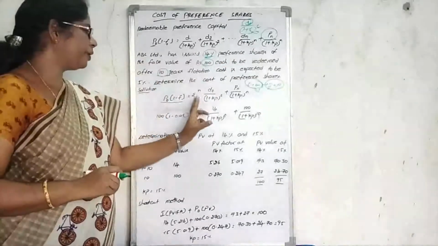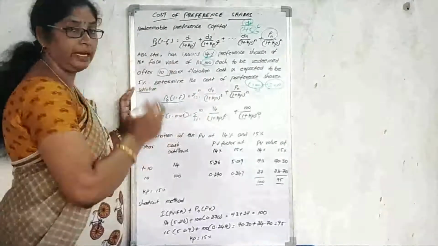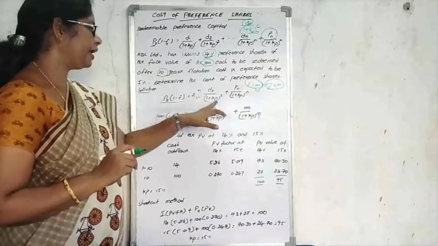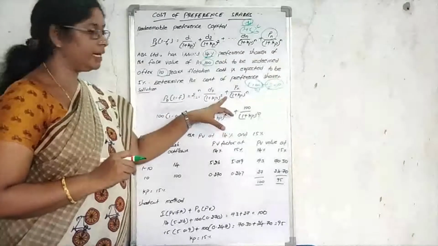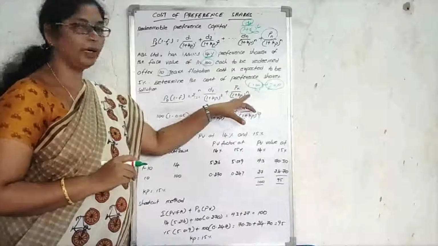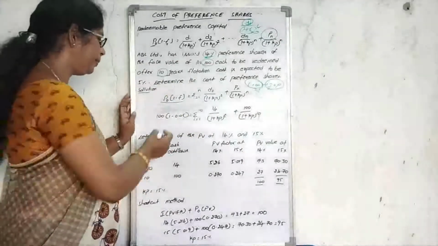You can write it like that: summation of t equal to 1 to n, meaning the 1st interval to the 10th interval, Dt divided by 1 plus KP whole power t, plus the principal value Pn divided by 1 plus KP whole power n. We are going to apply that formula.